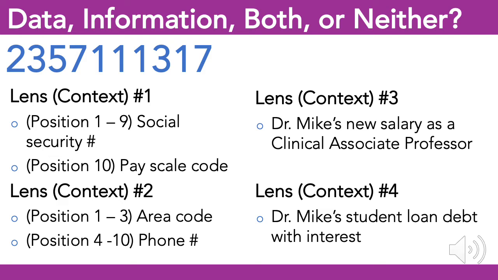Second one, this could be through the context of contacts in your phone, right? Within that context, this number takes on a different meaning. And within contexts 3 and 4, which are pretty specific to me, this number might represent some dollar amount, which is different than a phone number, which is different than a social security number with a pay scale code added on to the end of it.